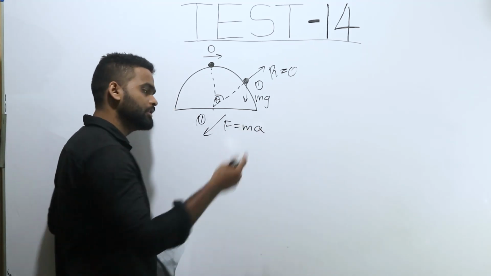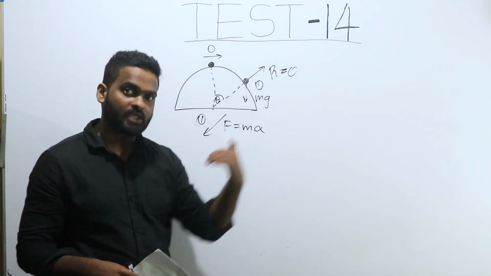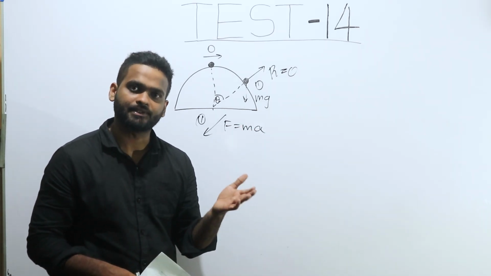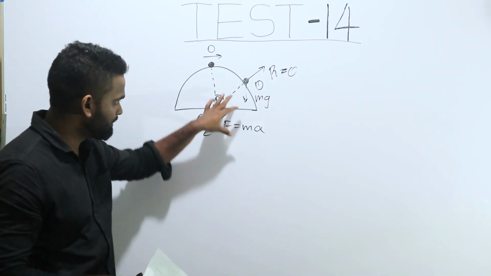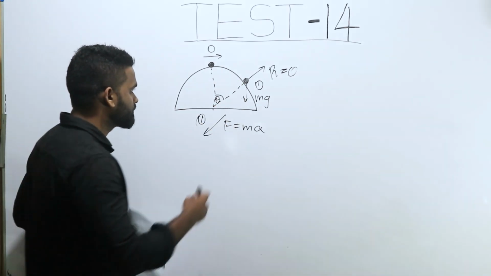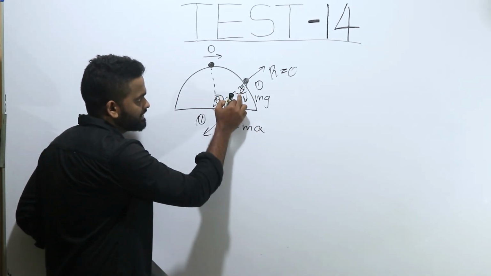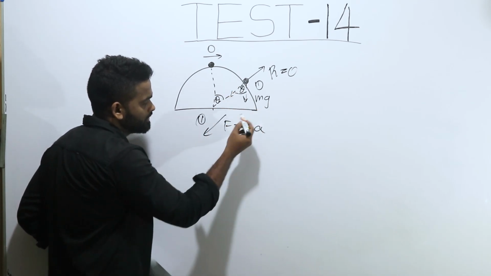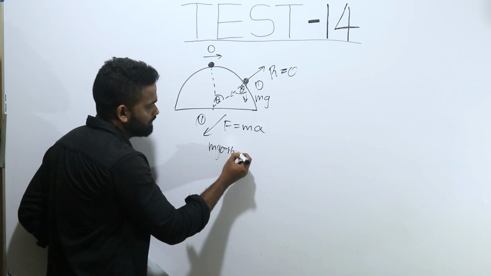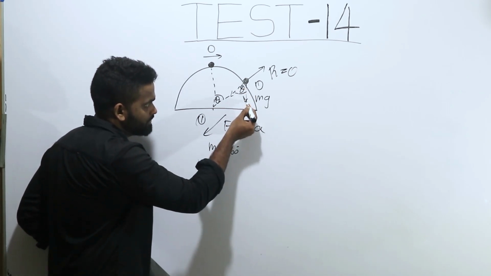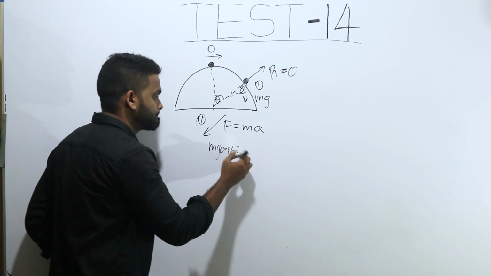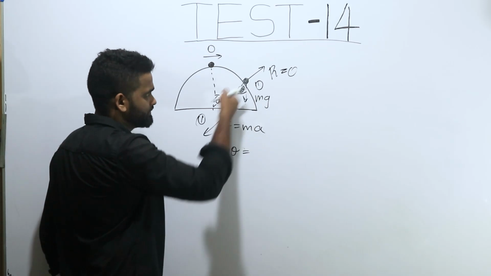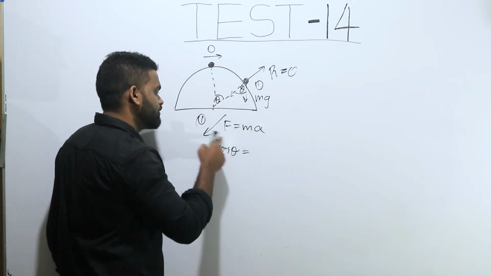Remember, you always have to apply F equals ma towards the center in a question of circular motion. So I'm applying towards the center. So this angle theta, mg cos theta. That's a component, right? Towards the center, not mg, towards the center, that is mg cos theta. So this is equal to, that is the only force towards the center. That is the only unbalanced force.